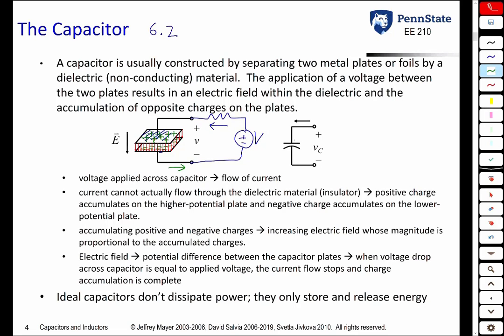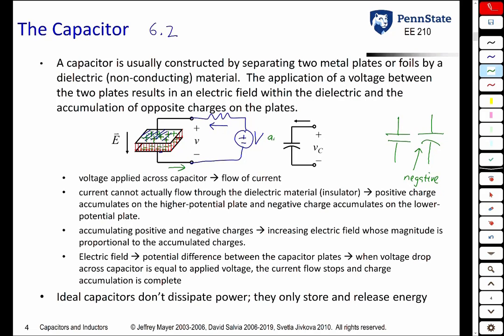The schematic symbol for a capacitor is going to be two plates, two lines. Sometimes they are parallel like this, and sometimes one of them is curved. When one of the plates is curved, that's always the negative plate. We actually give these two plates different terms.